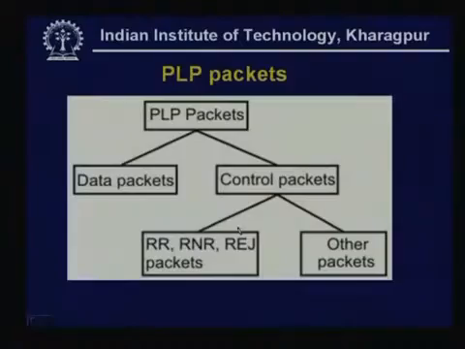Essentially, flow control and error control are performed. Then the other packets are necessary essentially for in-band signaling. As I have mentioned, you have to set up the virtual circuit, perform the data transfer, disconnect the link. All these things can be done with the help of these packets.